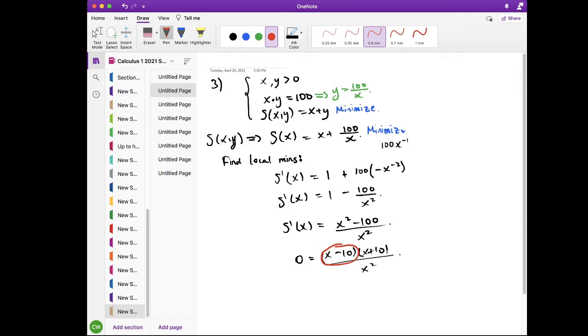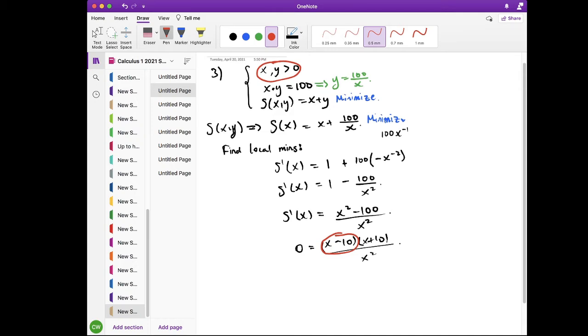Yes, our domain that we care about is positive numbers, specifically not 0 and specifically not negative. Good. All right, so x equals 10 is the minimizing x value.